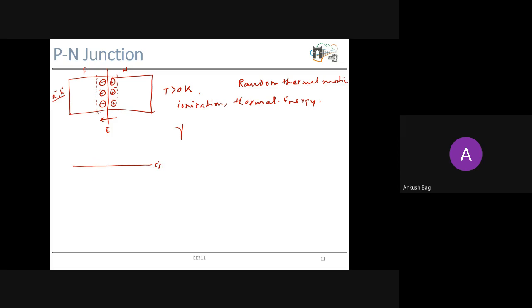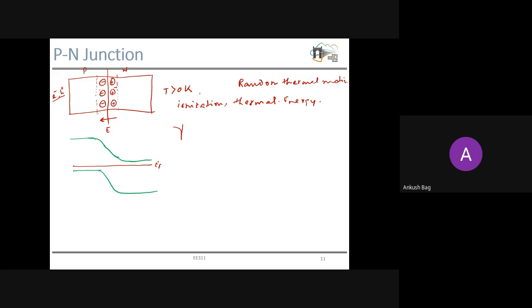Now this is p type, so here we have this p type.